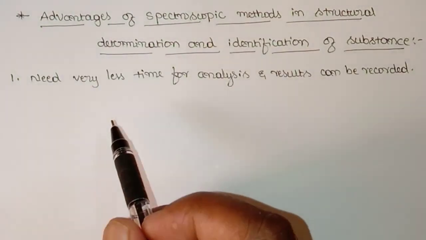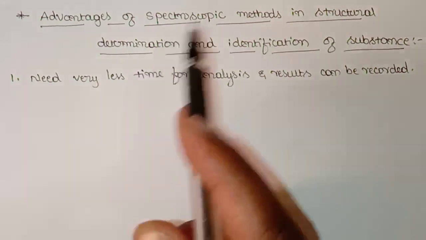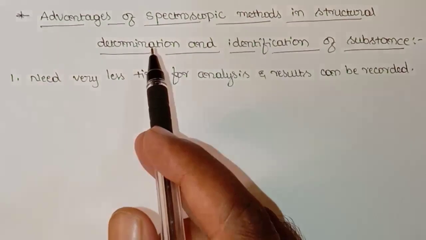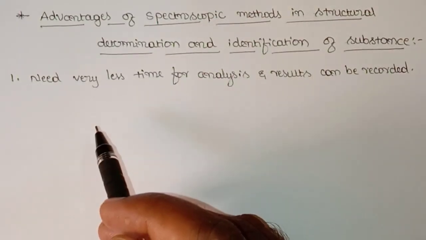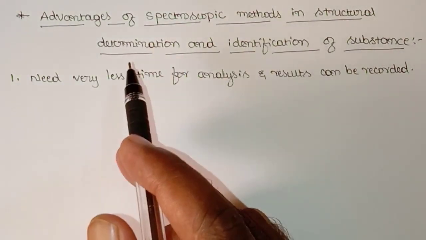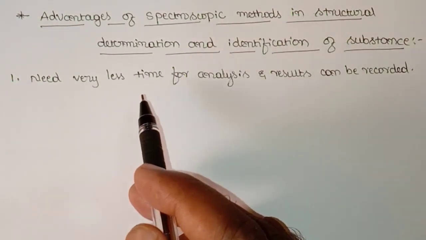Firstly, if you have a particular substance, a sample, and if you want to know the exact structure or identify that substance, we have to analyze the sample that we have obtained in a particular chemical reaction. And if you compare with the remaining methods, by using the spectroscopic method, the analysis of the sample requires very less time.